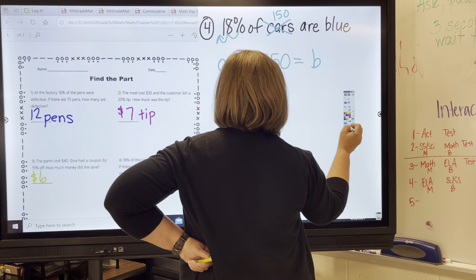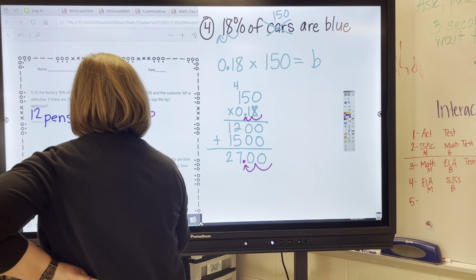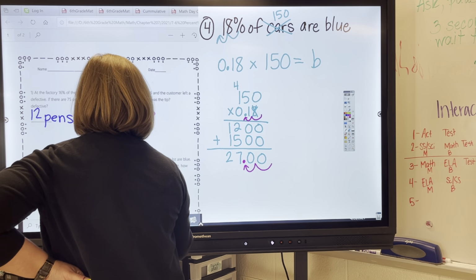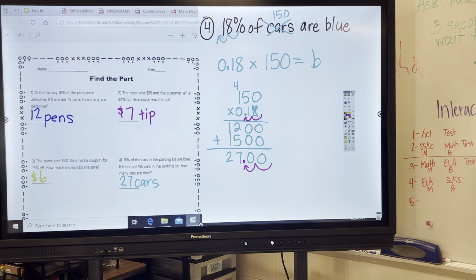How many cars are blue? 27. 27 what? 27 cars. 27 cars are blue.